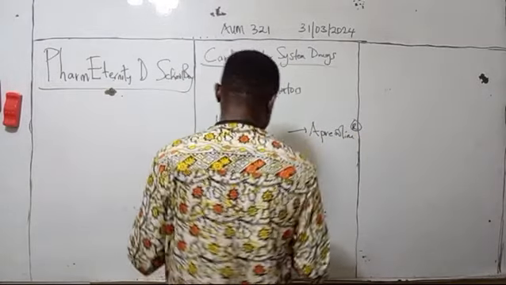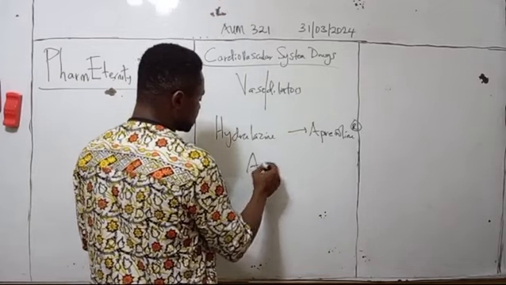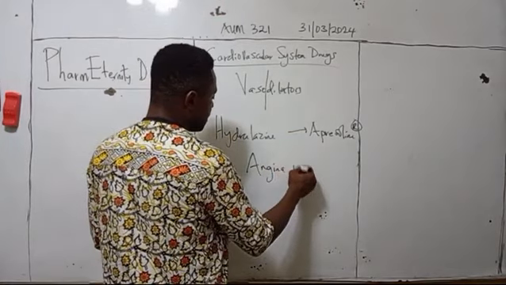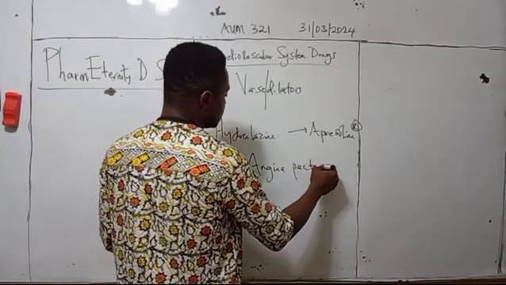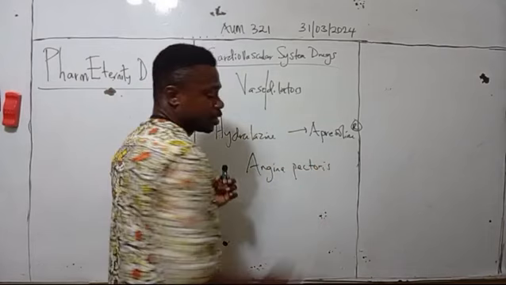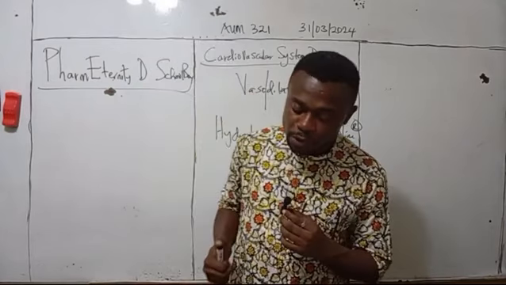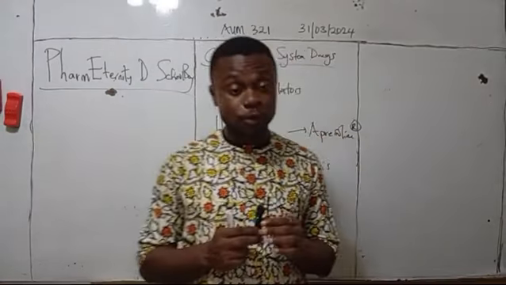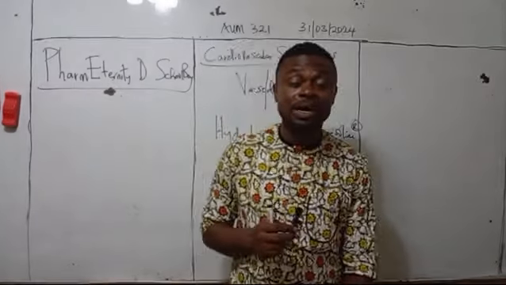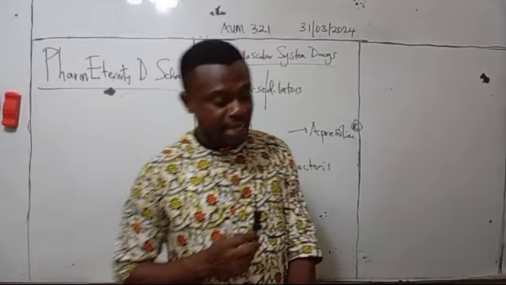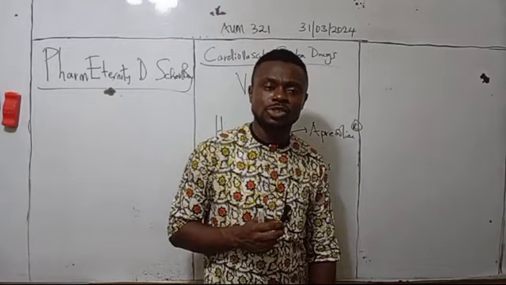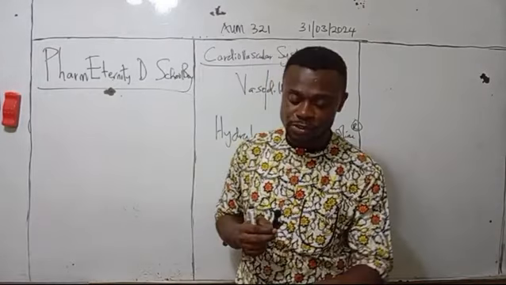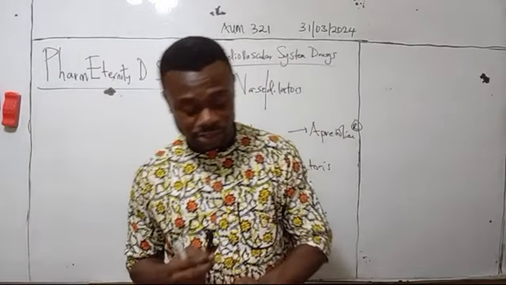Examples of coronary vasodilators: nitroglycerin, isosorbide nitrate, even beta blockers also.